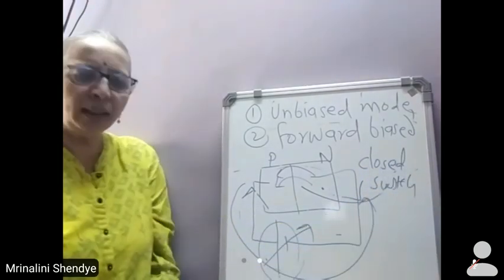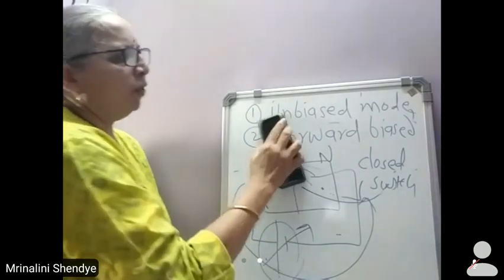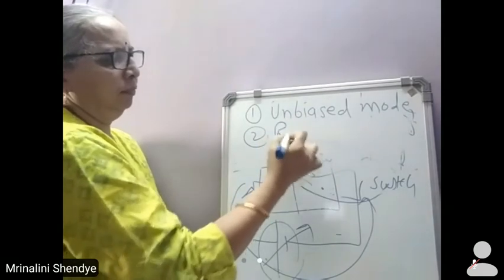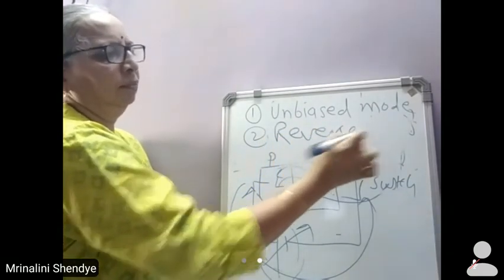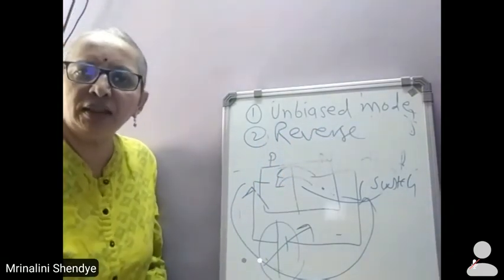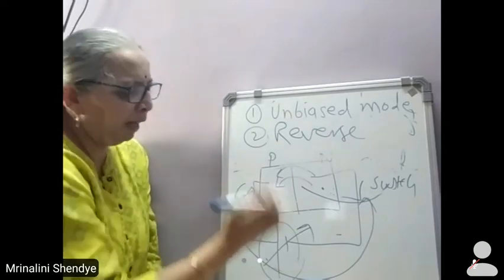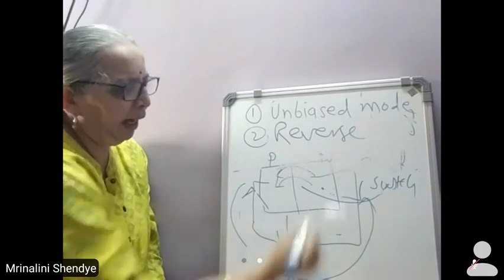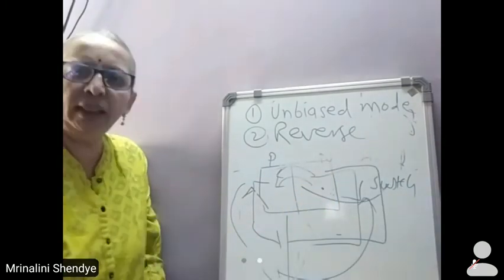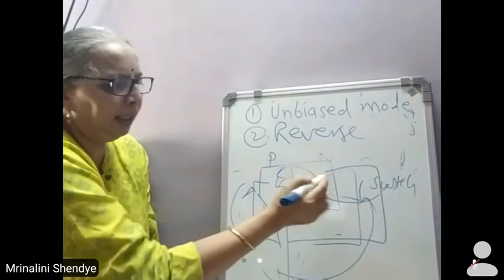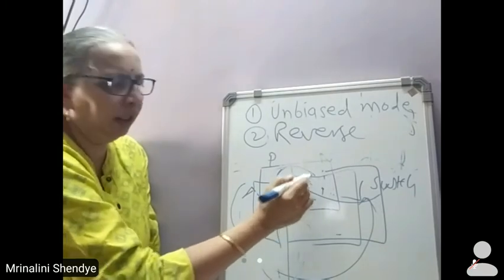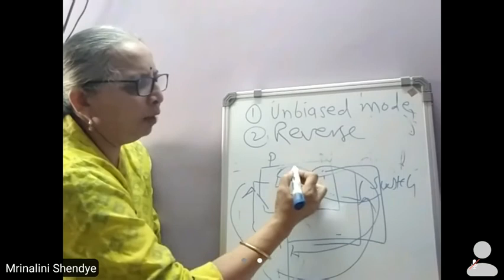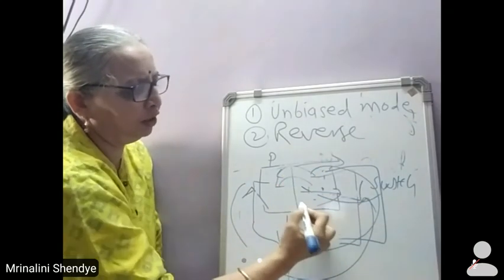The other way is reverse biasing. In reverse biased mode, P is connected to the negative terminal and N is connected to the positive terminal. So what happens? Electrons present in the N region get attracted toward the positive terminal and move away from the junction.